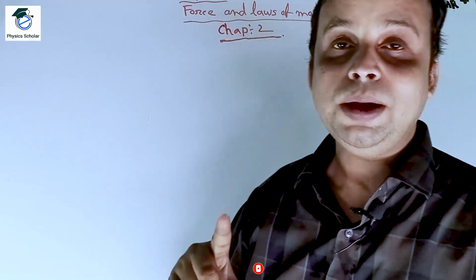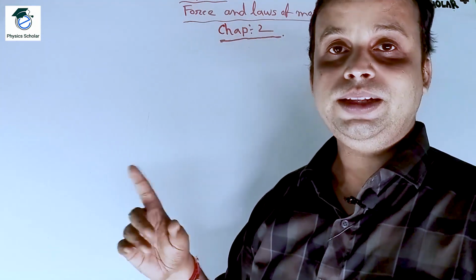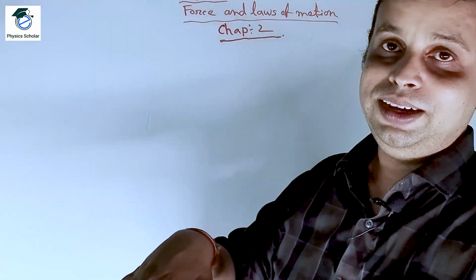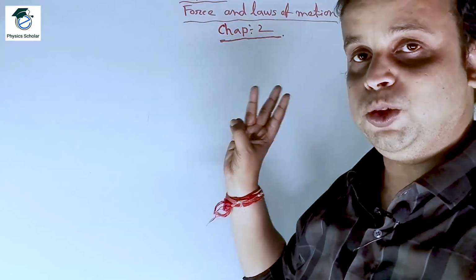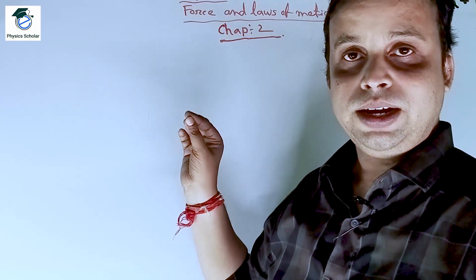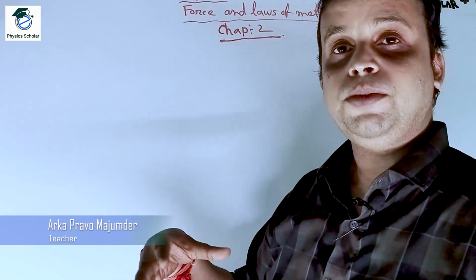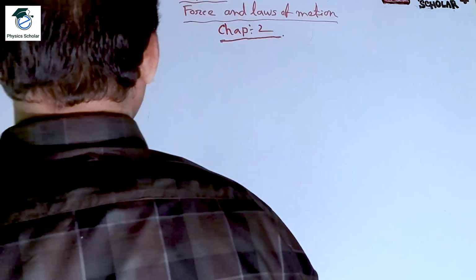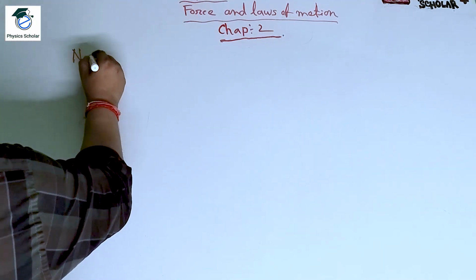So let us start. Today my topic will be Newton's first law of motion. This is very important. As long as you are in touch with academics, you have to remember this law. There are 3 laws of motion. Today we will learn the first law of motion, what we come to know from it, and some of its practical applications.